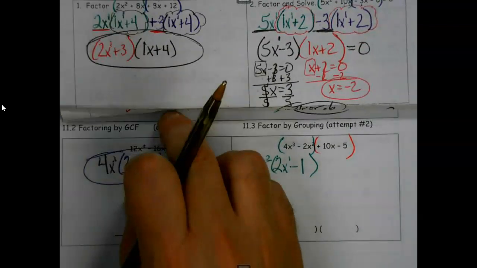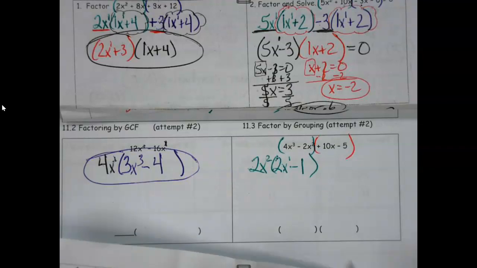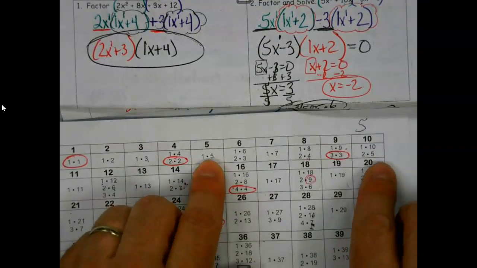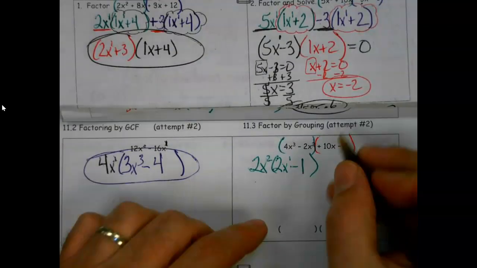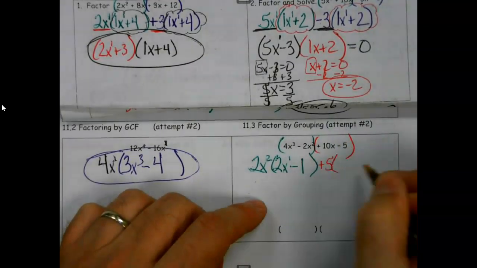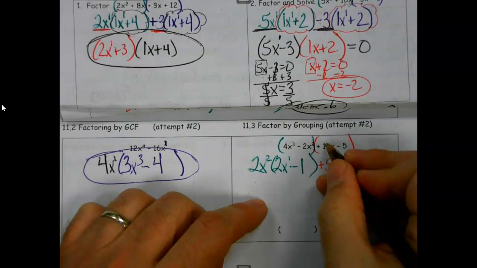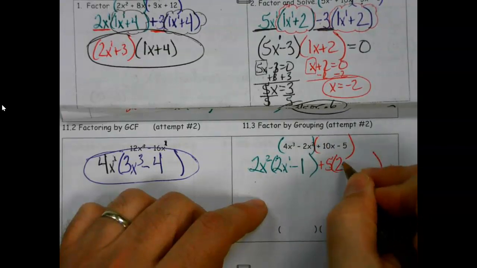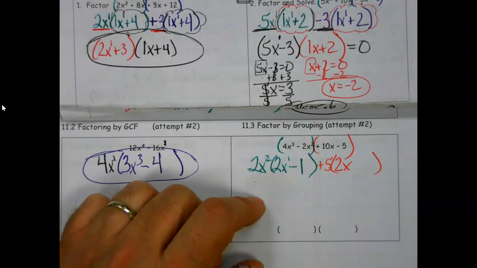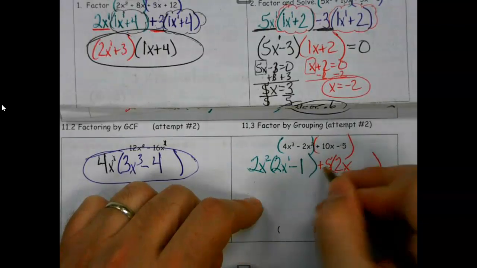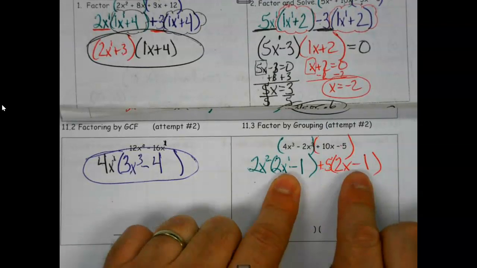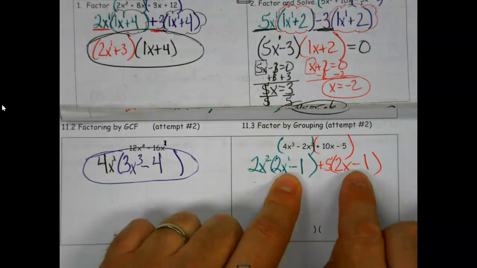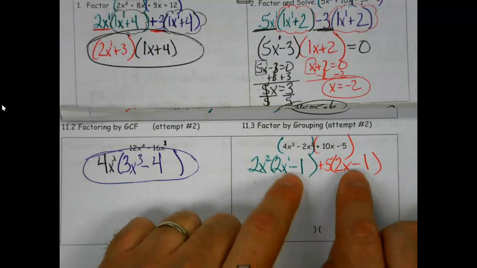If you're ever not sure, okay, 10 and 5. I got a 5 in each one, so we'll pull out a 5. 10 divided by 5, 2 with the x. Negative 5 divided by 5, negative 1. Remember, we're always looking to see, is this the same thing?